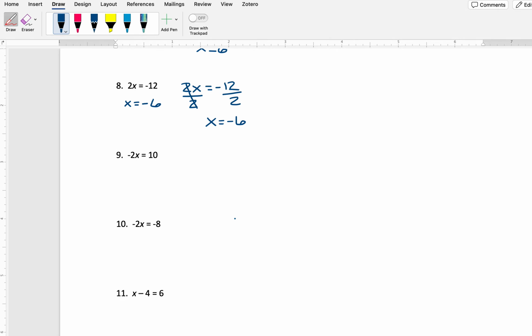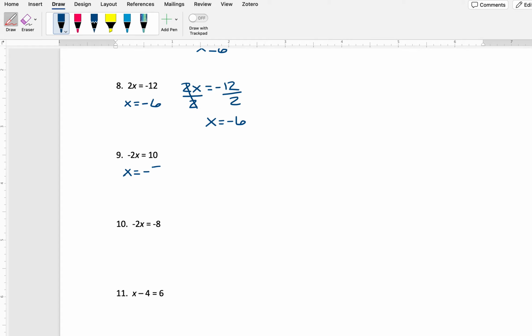For number 9, now I have negative 2x equals 10. So negative 2 times what gives me positive 10. In order to make a positive number, a negative number needs to be multiplied by a negative number to get a positive. Negative times negative equals positive.